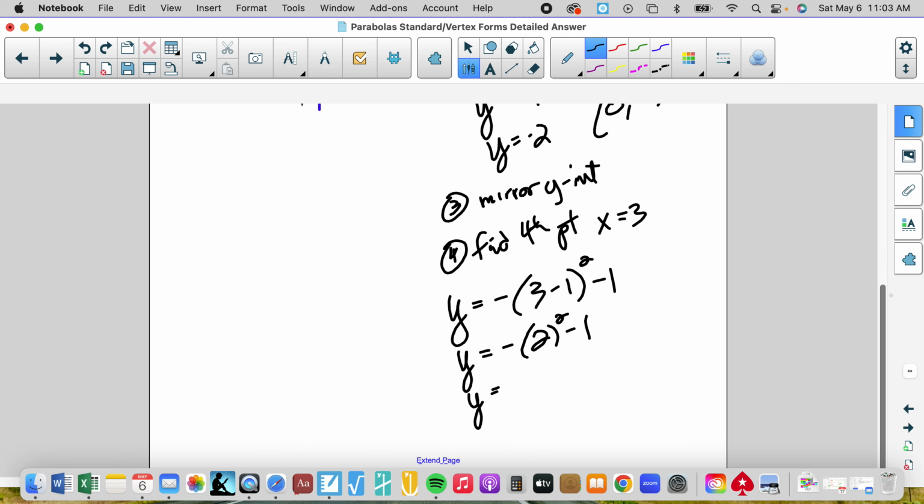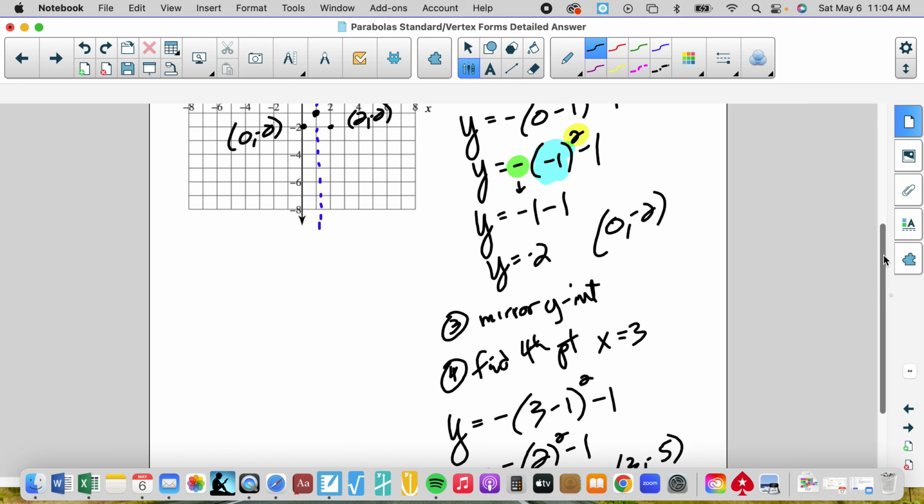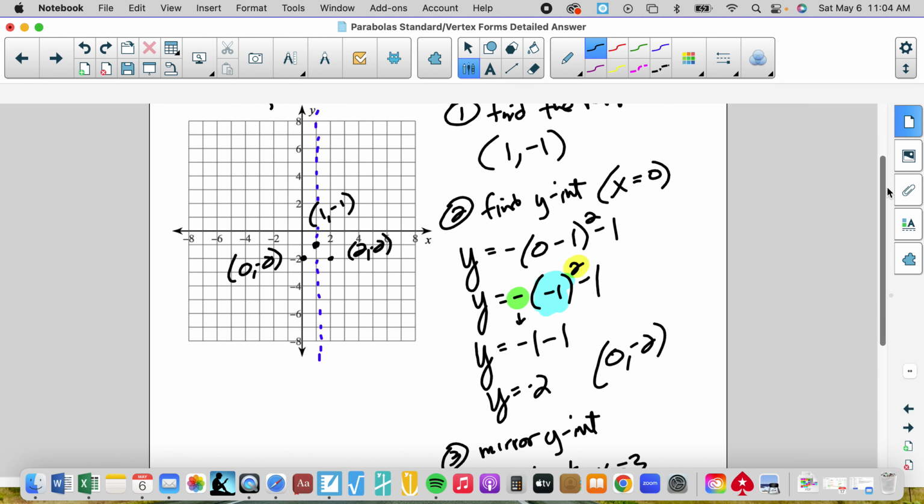Notice the parentheses: I'm squaring 2 and then taking the opposite of that. So we get -5. When I plugged in 3, I got -5. (3, -5) is right there. That looks good. 2 away, 2 away. That point is (-1, -5).